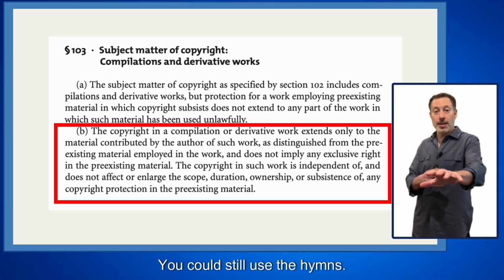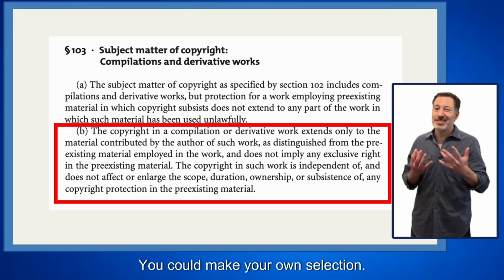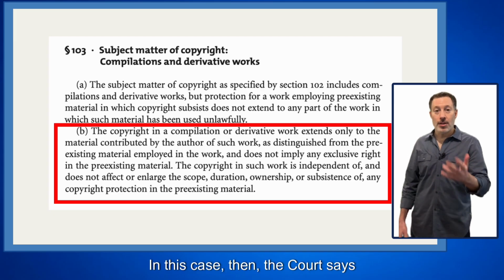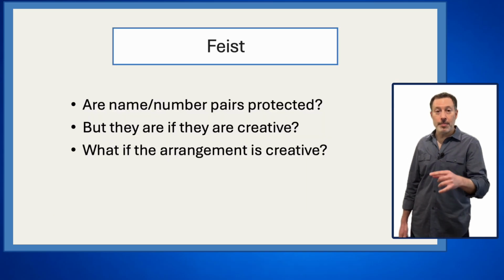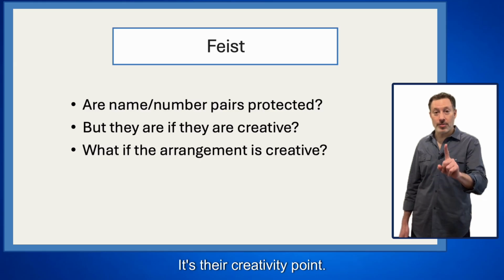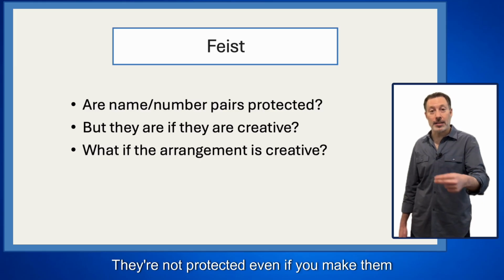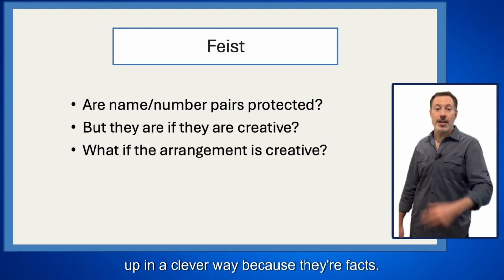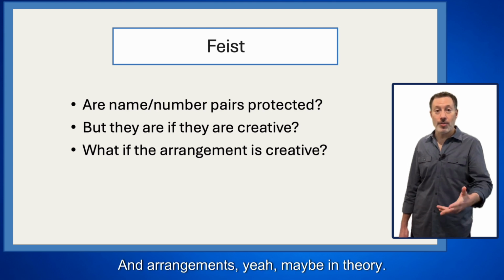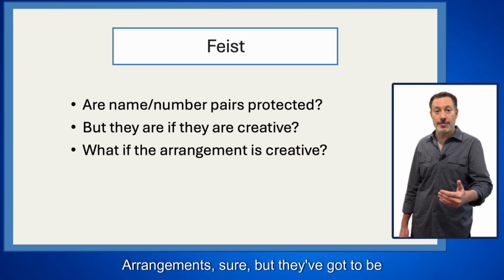You could still use the hymns, you could make your own selection, just don't copy mine. In this case then, the court says name-number pairs are not protected. It's the creativity point. They're not protected even if you make them up in a clever way because they're facts. And arrangements, yeah, maybe in theory. Arrangements, sure, but they've got to be creative.